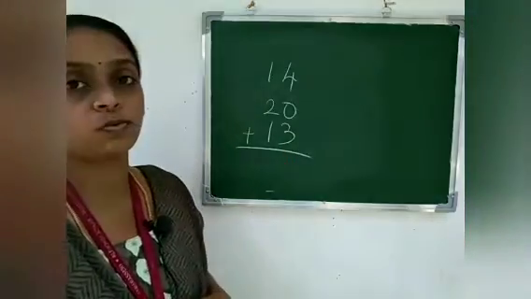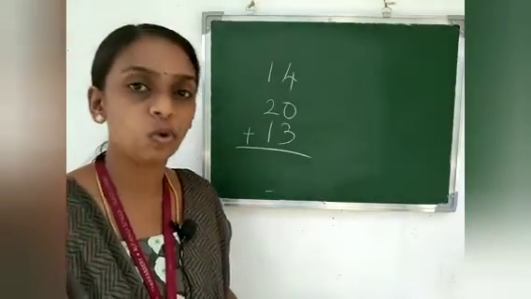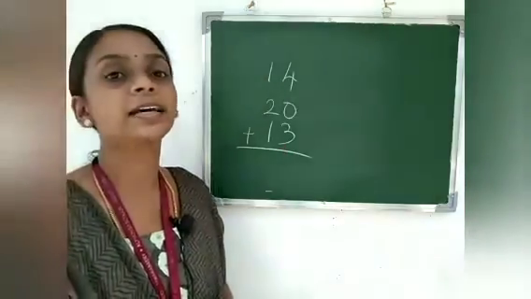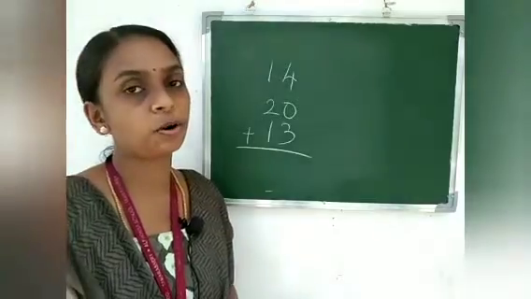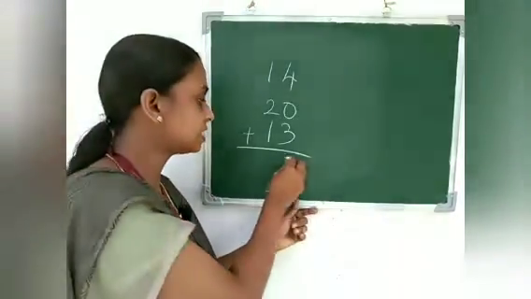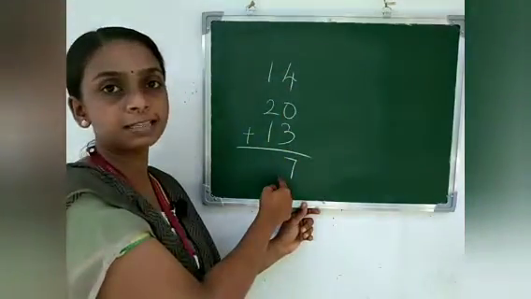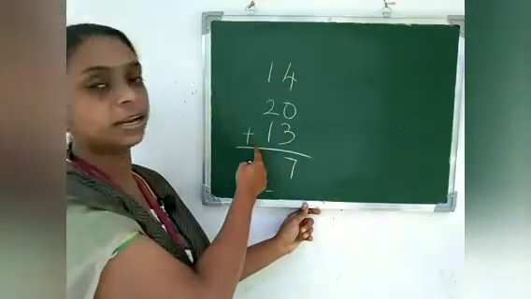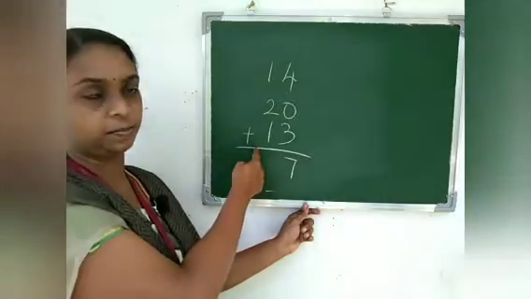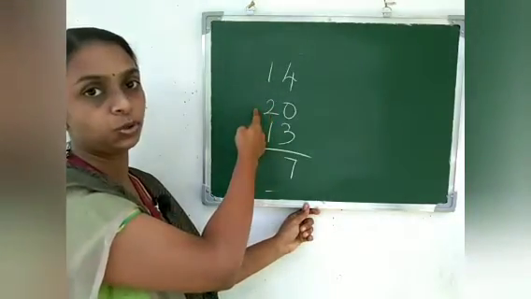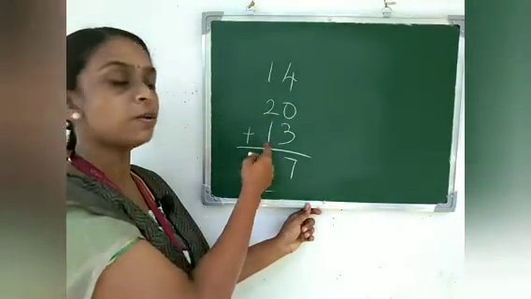So 4 plus 0 is what? 4 plus 0 is 4. Then again we have to add that 3 with 4. 4 plus 3 is 7. So for the ones place we added, and next we have to add the tens place, that is 1 plus 2, 3, 3 plus 1, 4.